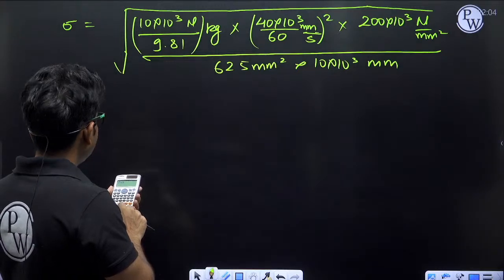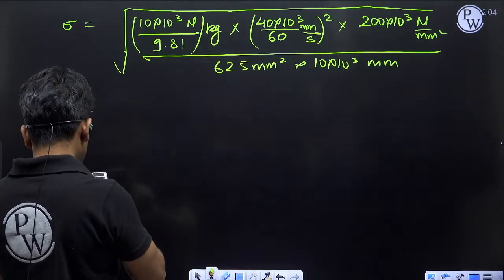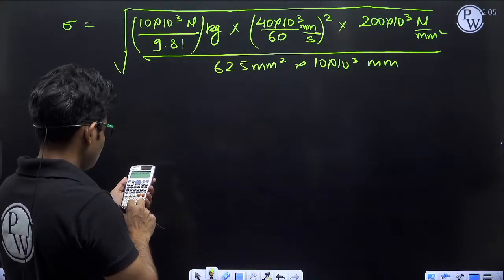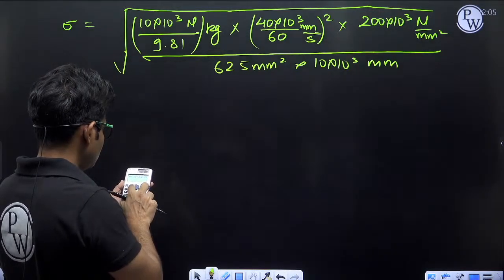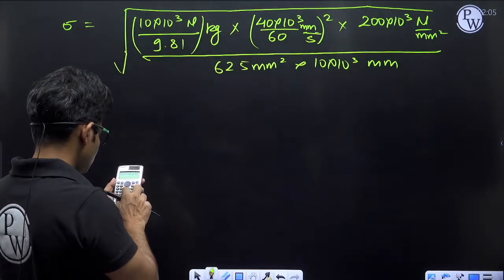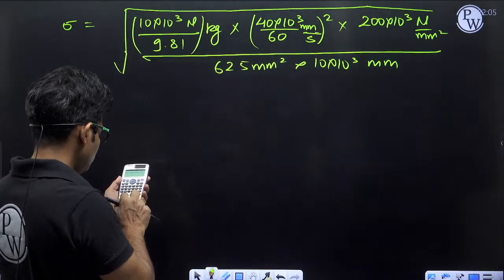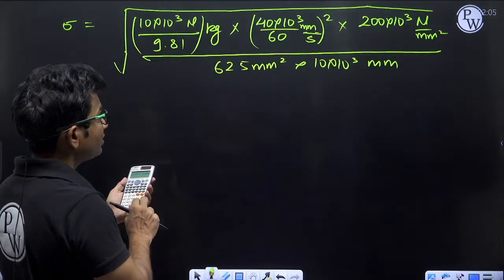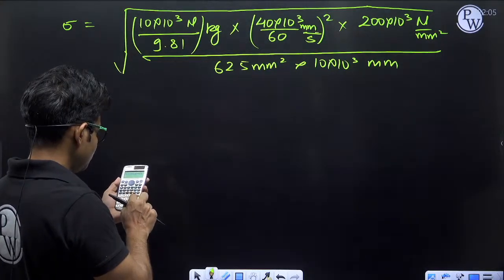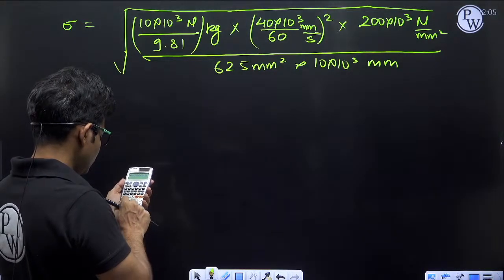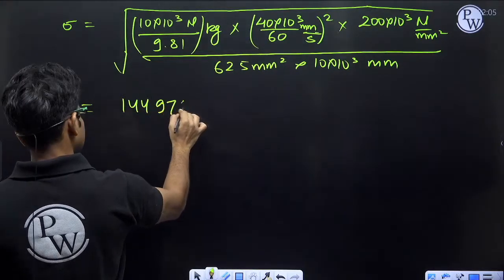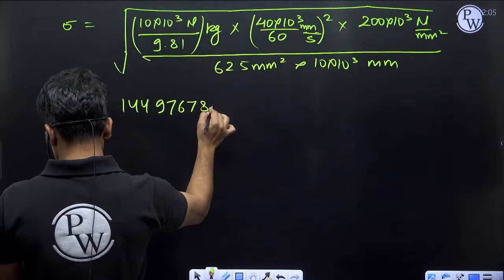10 into 10 to the power 3 divided by 9.81 into 40 into 10 to the power 3 by 60 whole square, into 200 into 10 to the power 3 divided by 625 divided by 10 to the power 4. So we are getting 1449678.11.